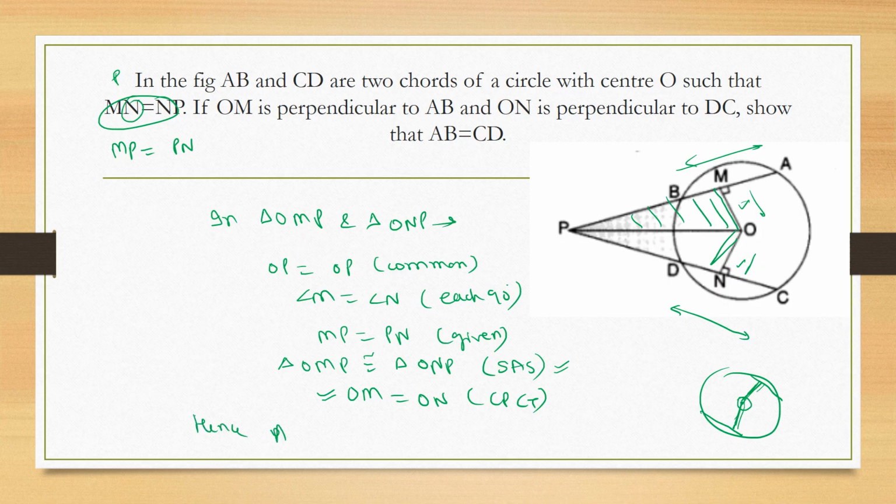Hence, AB equals CD as these chords are equidistant from the center. Correct? Hope you understood it. Let's move on to the next.